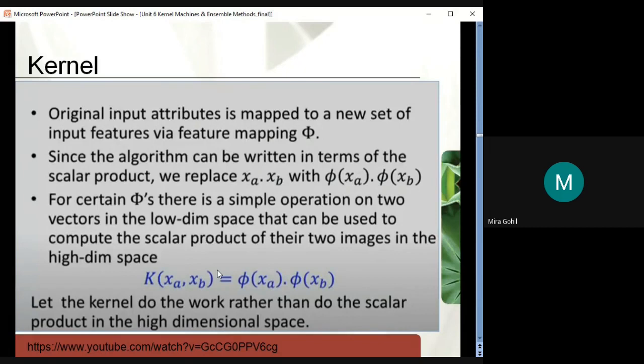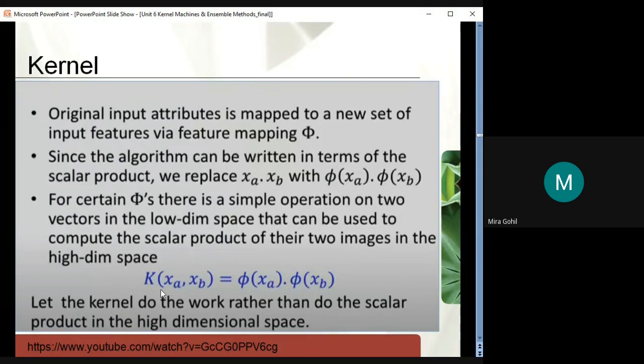Okay, so now suppose you are having features xa and xb, then we will replace those features with the feature vector phi of xa and phi of xb. Clear? For certain phi, there is a simple operation on 2 vectors in the low dimension space that can be used to compute the scalar product of their 2 images in the high dimension space. So in some cases, this is your kernel function.